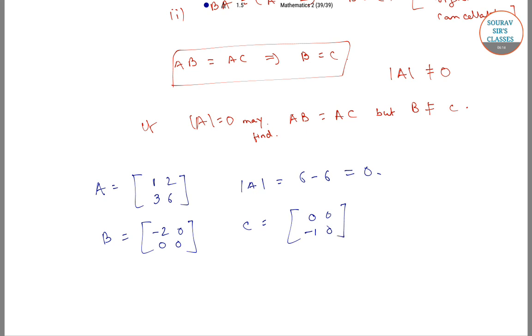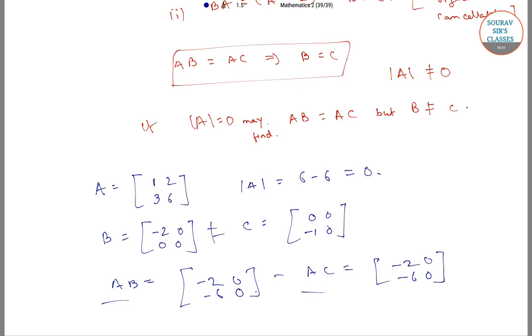Here B is not equal to C, but we will get AB = [[-2, 0],[-6, 0]], and AC is again [[-2, 0],[-6, 0]]. So our AB = AC, but B is not equal to C.